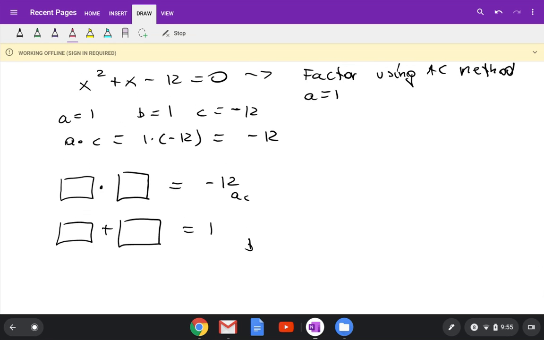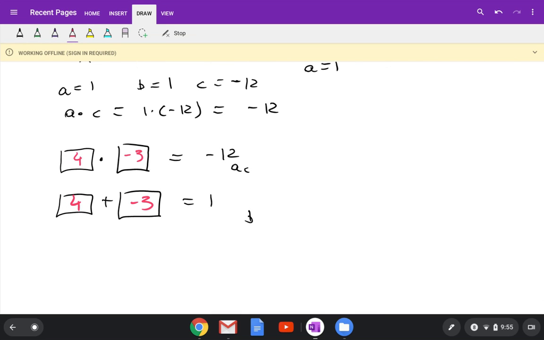So let's see what's going to work. 4 and negative 3. 4 times negative 3 is negative 12. 4 plus negative 3 gives you 1. So when you have them, since a is equal to 1, this is the easy case.